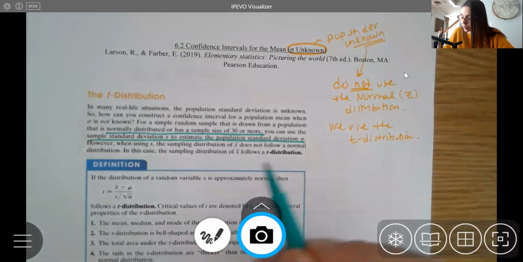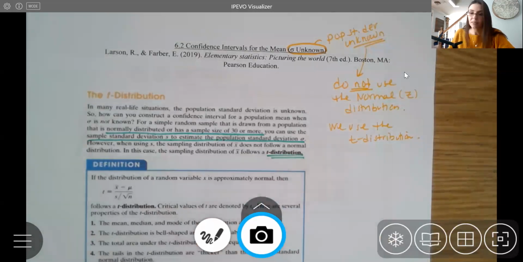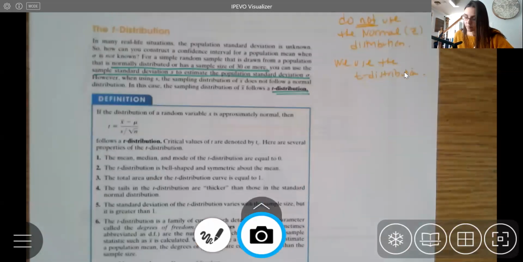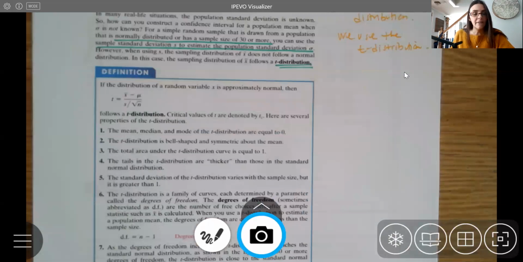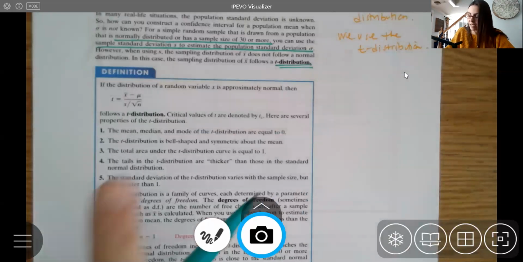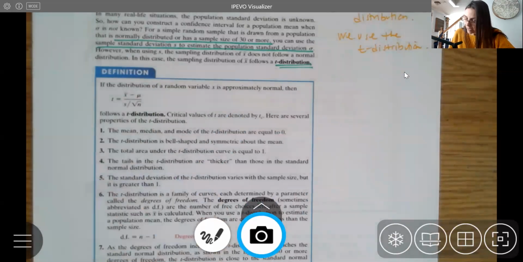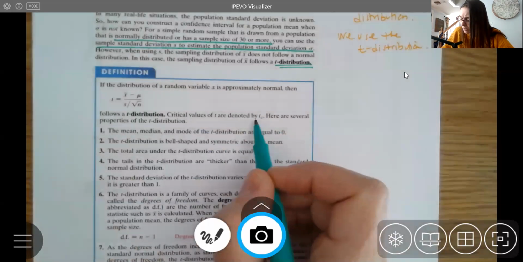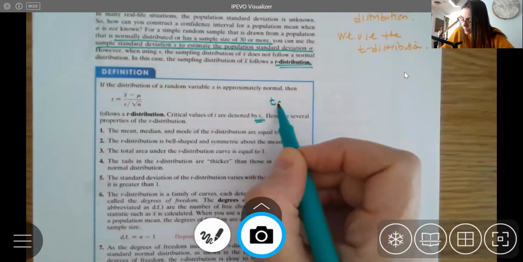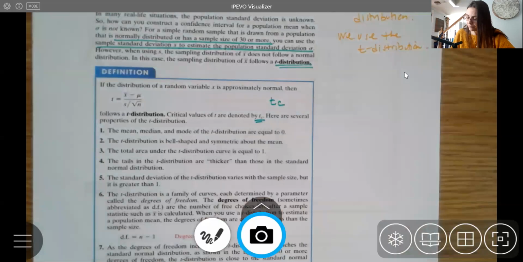But again, it's not normal, so we're going to use what's called the t distribution instead. If the distribution of a random variable x is approximately normal, then t is given by this value here, and it follows a t distribution. Critical values of t are denoted as tc, so instead of using z, use t.